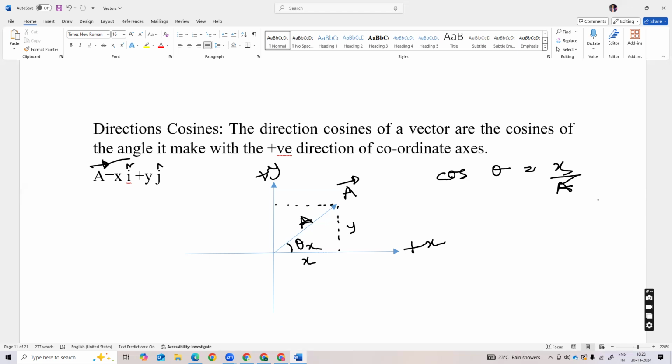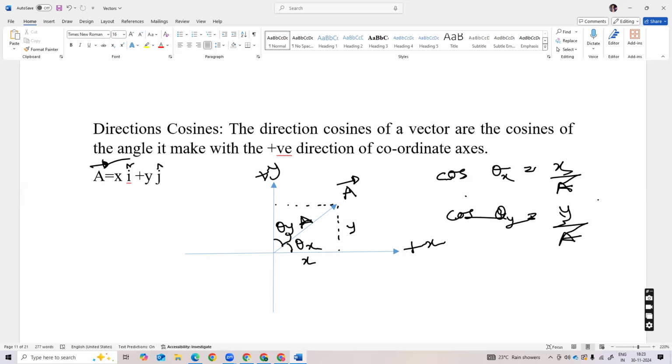So cos theta x is x upon a. Similarly, if you write this angle as theta y, then cos theta y is y upon a.